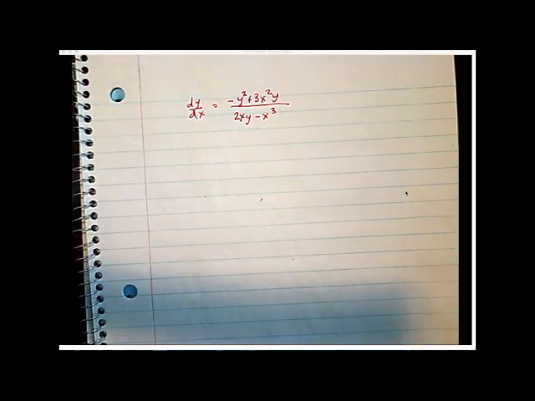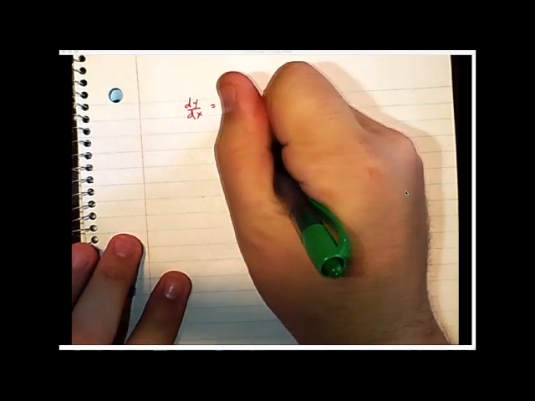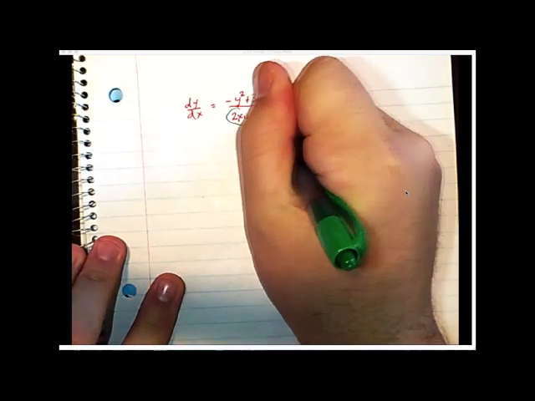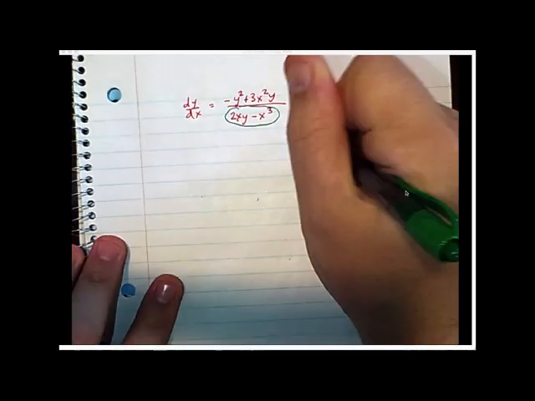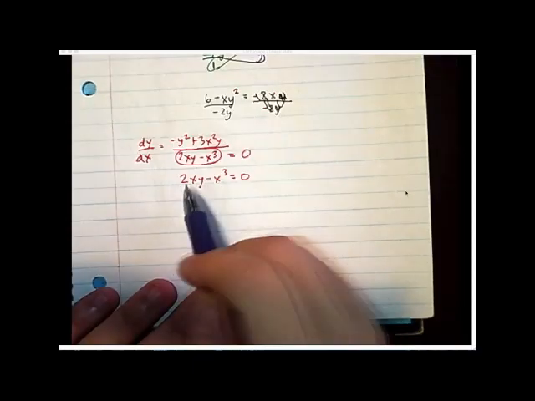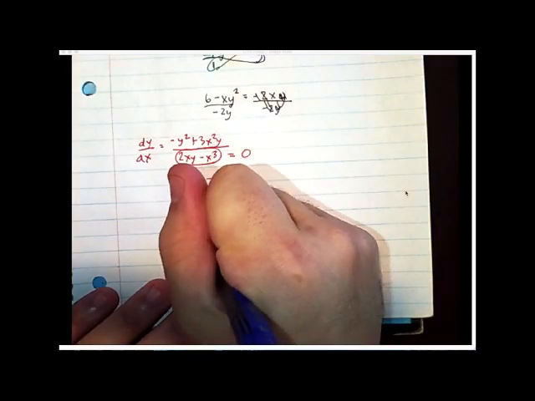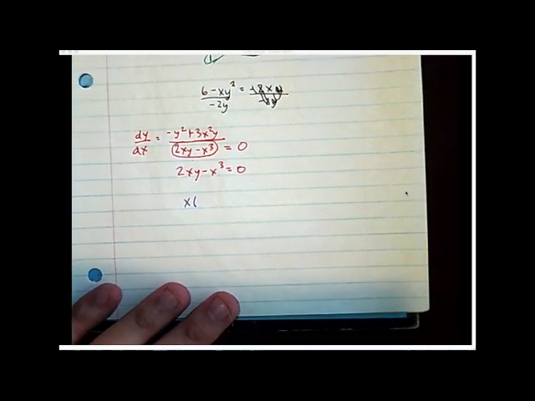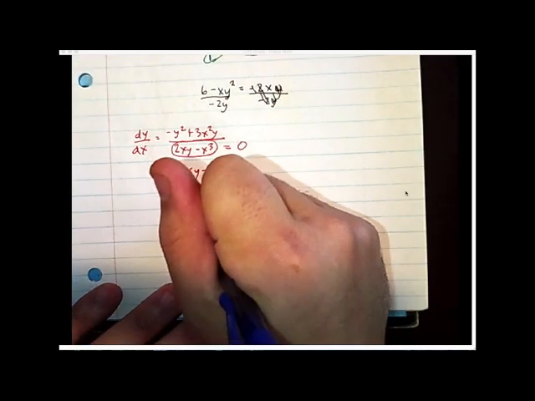Now to figure out where we're going to have a vertical tangent line, we take this and set it equal to 0. What do these things have in common? Well, they have an x in common. So I could take out an x.